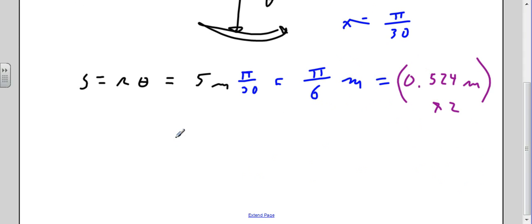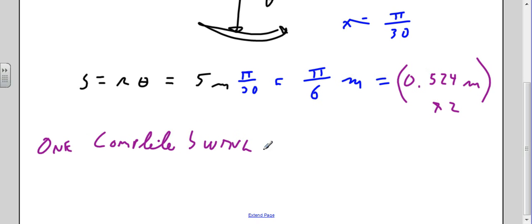So 1 complete swing is 1.05 meters. Wow, that big? Really? Oh, 5 meter thing? Yeah, that's fine, right. Okay, that was 9.